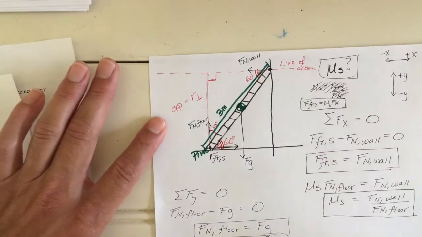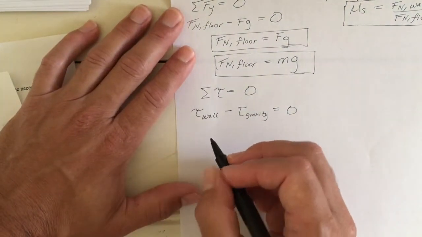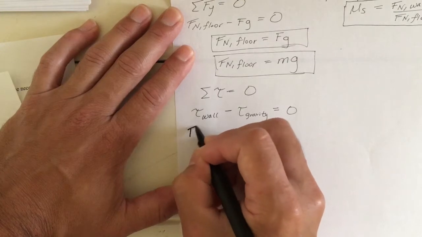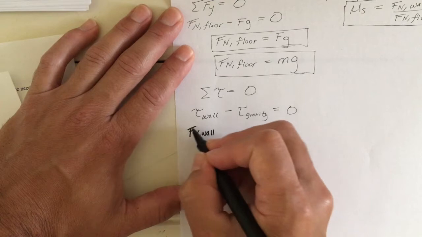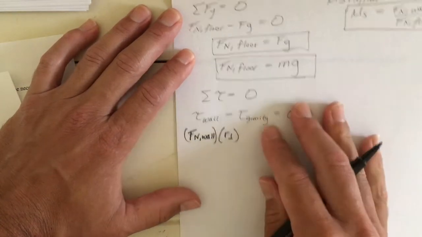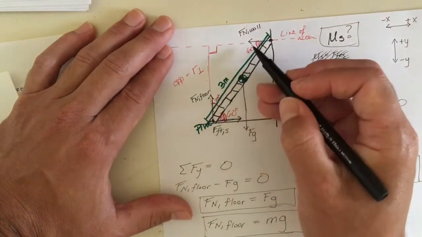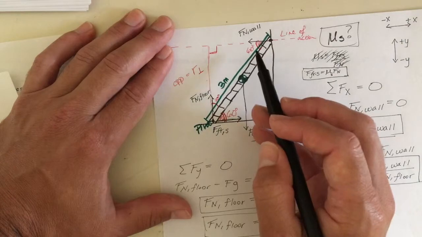Okay, why does that matter? Well, torque from the wall is equal to the force normal, comma, wall, times our perp. Well, what's our perp? Well, it is R, it's opposite, right? So it's going to equal the hip sine 60, right?